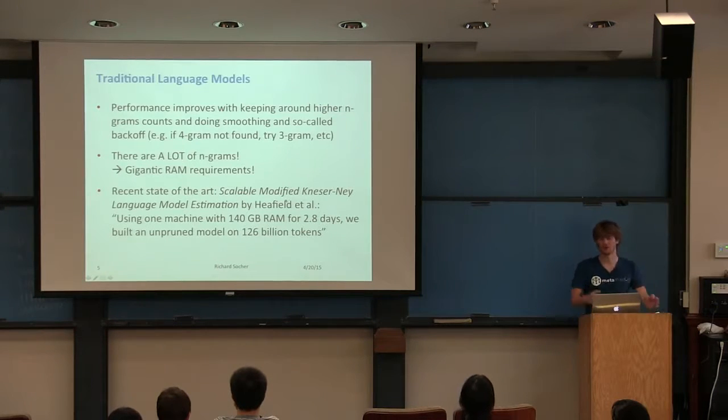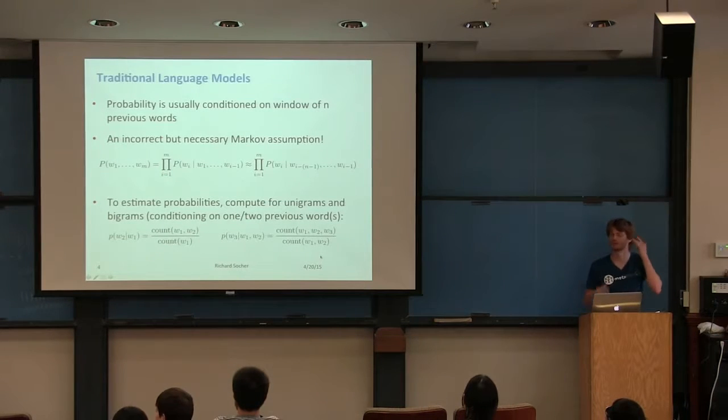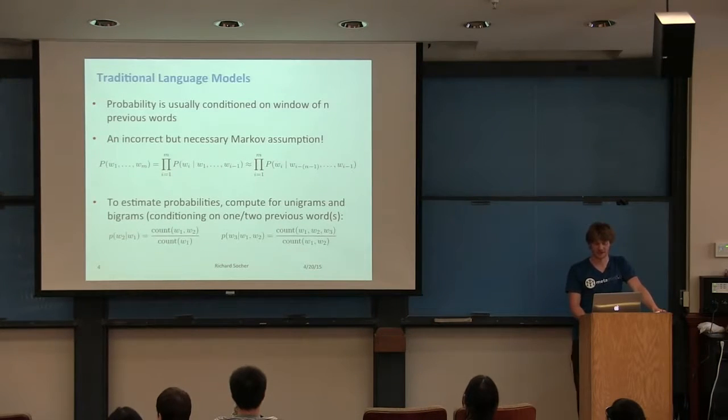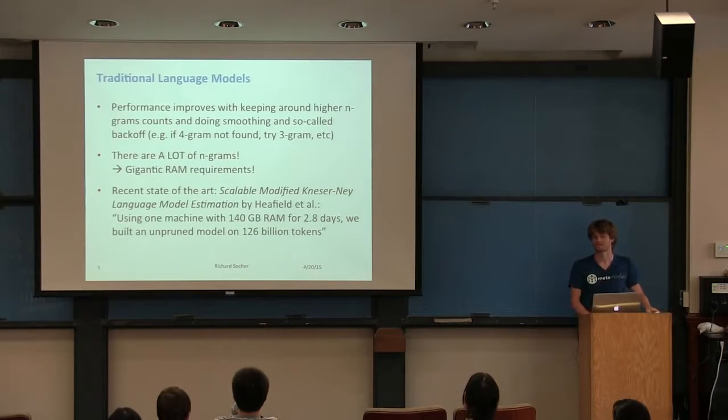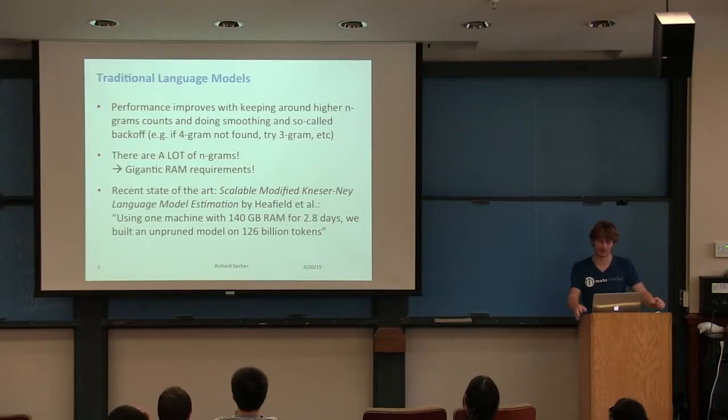And there, after doing lots of tricks for storing these data structures and storing all these counts, he only needs a machine with 140 gigs of RAM. So just keeping around all these counts in order to estimate the probabilities in traditional discrete count-based language models takes a lot of RAM. And that is after an insane amount of research and optimization to put it into smaller, better, more efficient data structures.